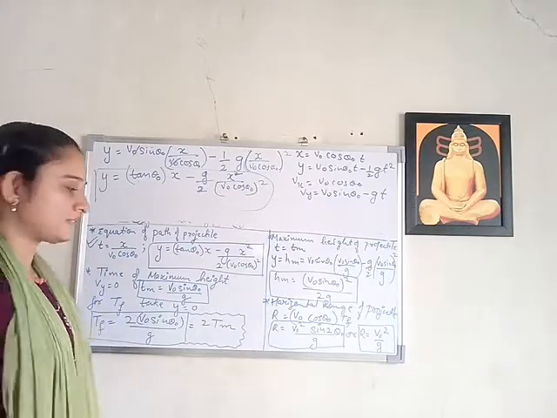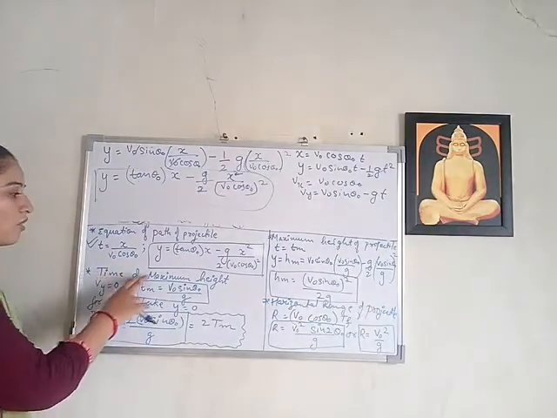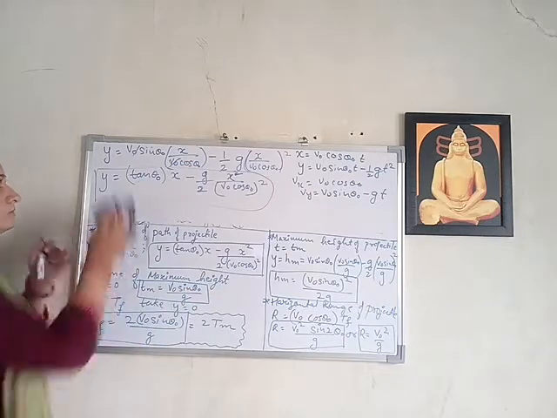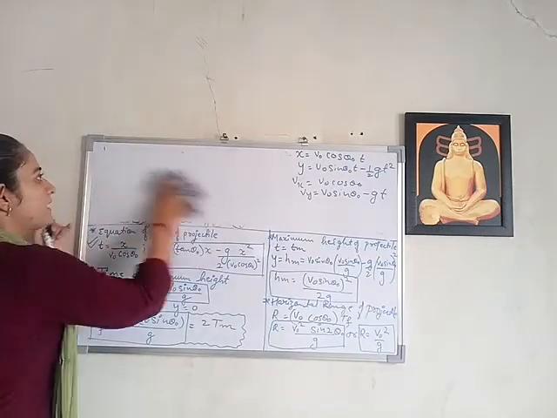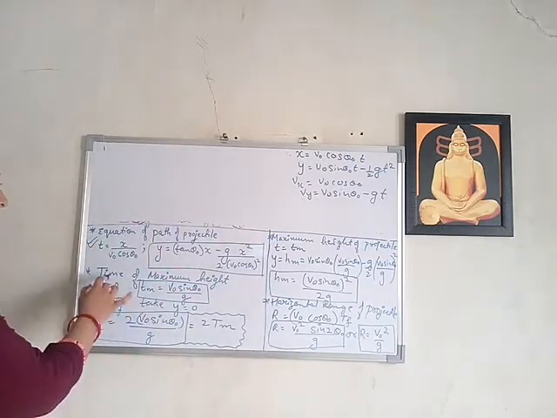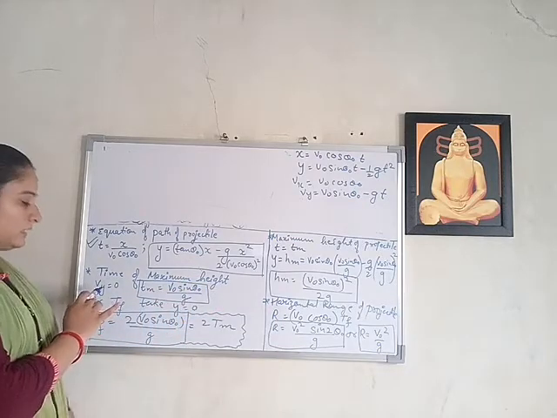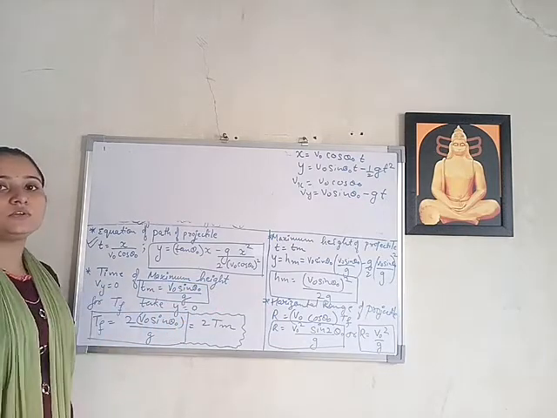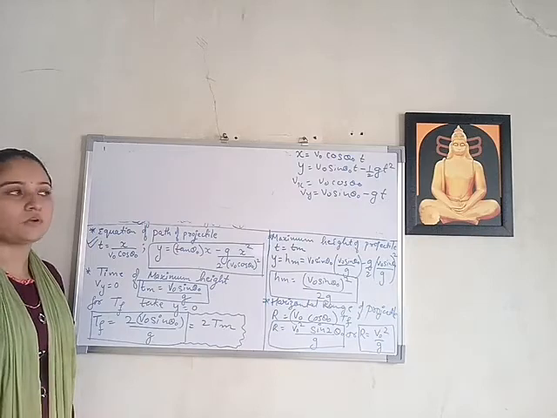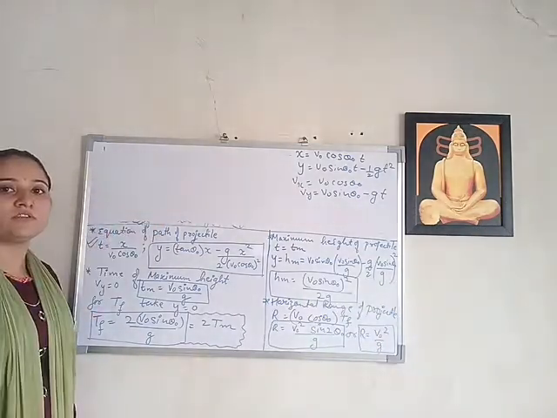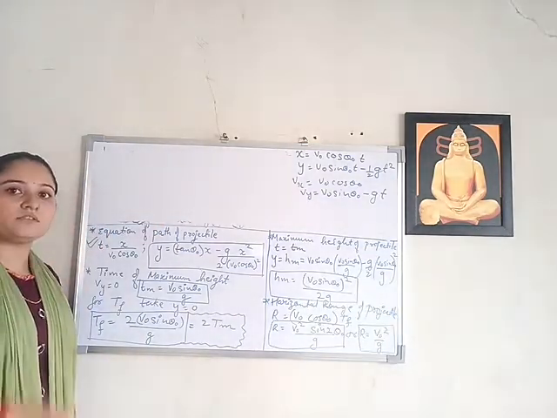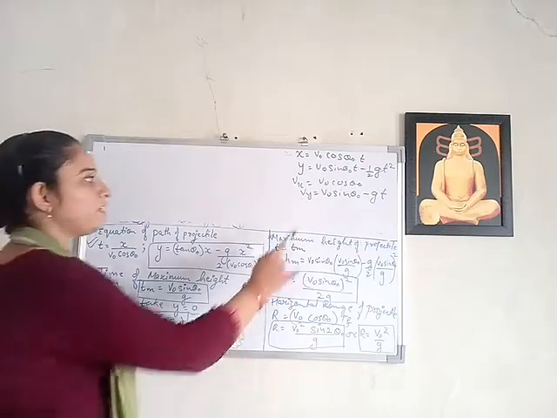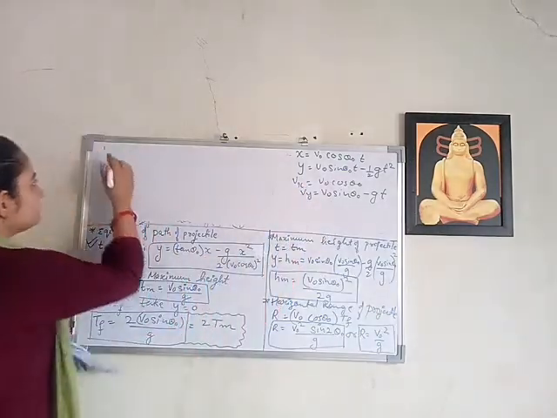Now we move to the next, that is time of maximum height. For time of maximum height, Vy equal to 0, because at maximum height the velocity will be 0. So we will take Vy equal to 0.